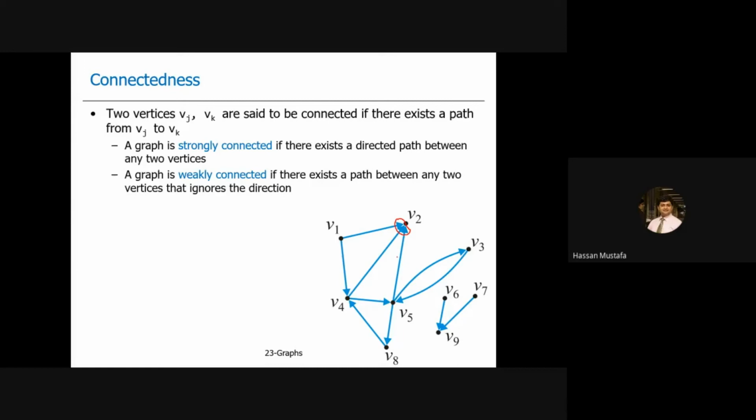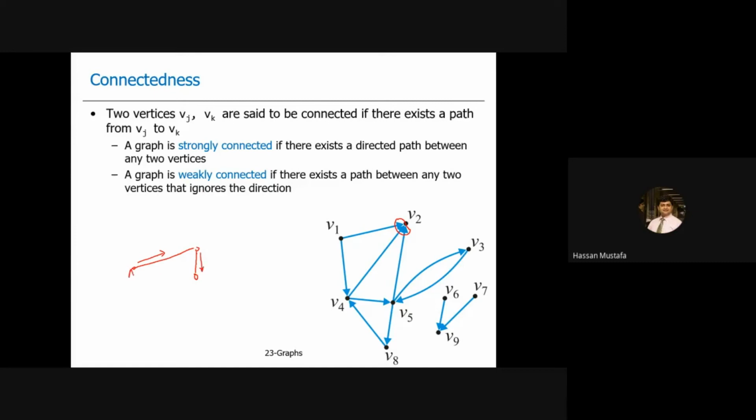The application of this weakly connected definition can be, for example, if I have a road between two cities, then I have another city connected with the second city, but for some reason this road was one way and this road was also one way.